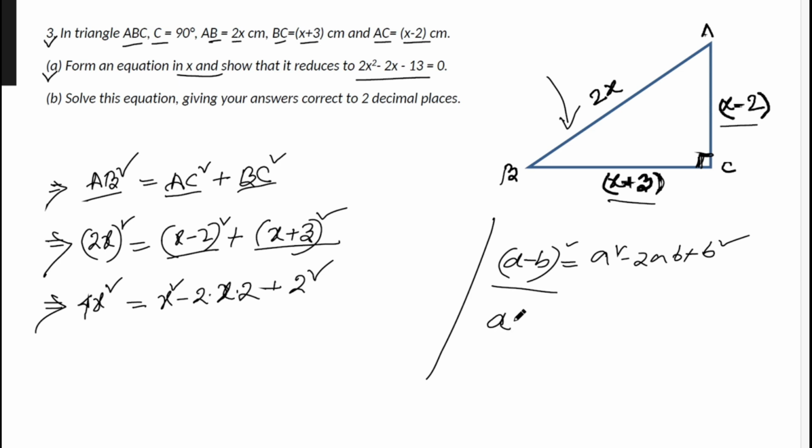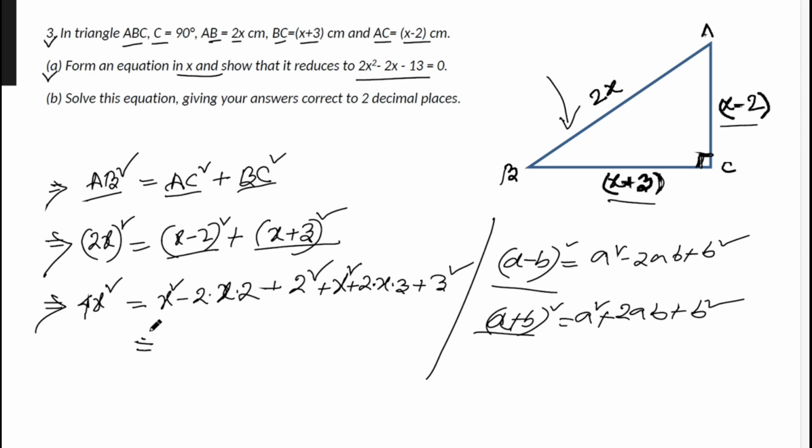So here we also know another formula, that is a plus b whole square is equal to a square plus 2ab plus b square. So if we apply that formula here, we will get plus 2 into x into 3 plus 3 square.